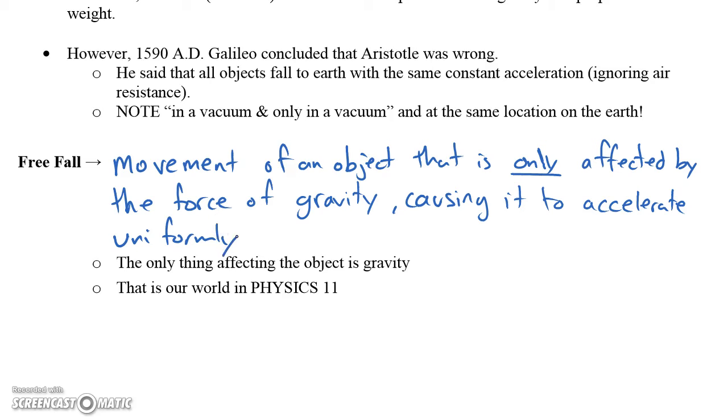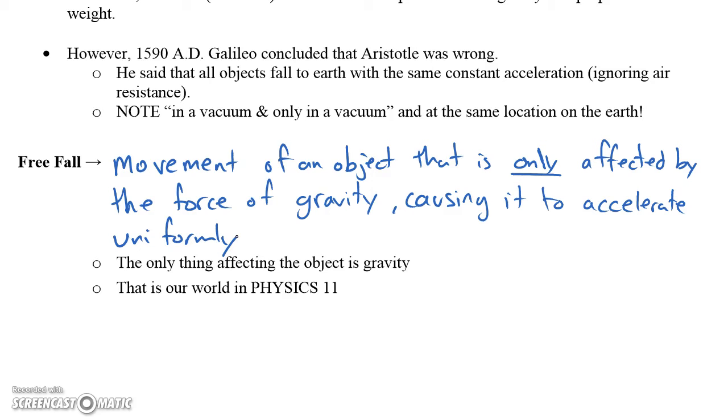Now, the whole caveat to this is that there's no air resistance, which we know isn't a true situation. Everything that we drop on Earth travels through the air, so there is some element of air resistance no matter how aerodynamic our object is. We're ignoring that this year.